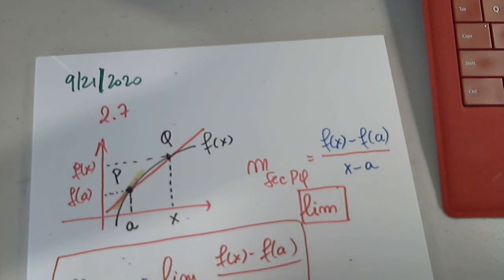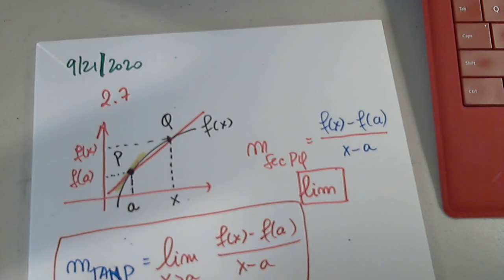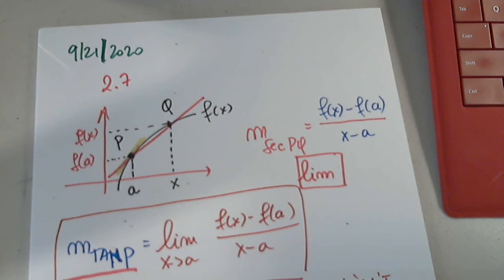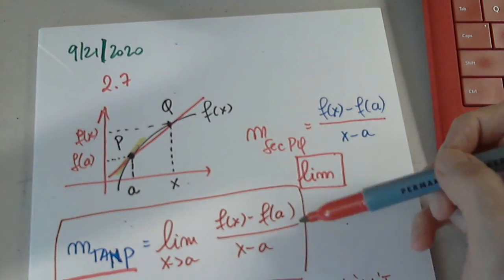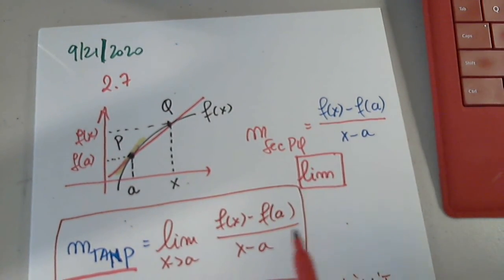So, rate of change, of course, of a function between 2 points, and limit. And the result is slope of a tangent at the graph of a function at P. So the average rate, and with a limit in front, these put together will give us the slope of the tangent line at P.